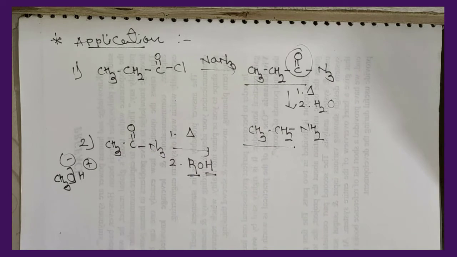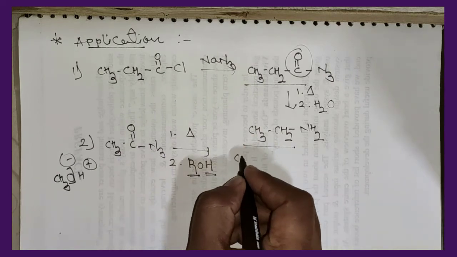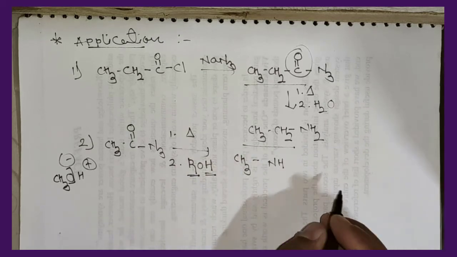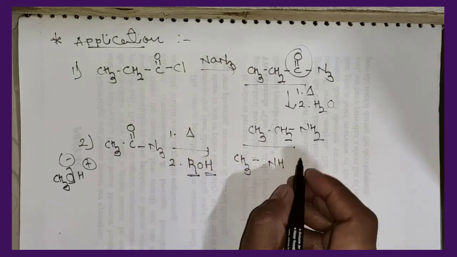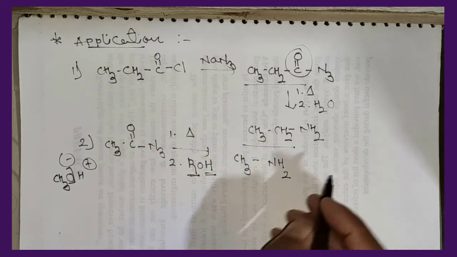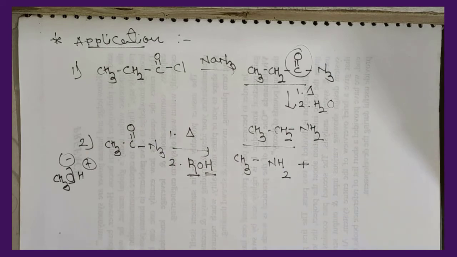So instead of amine, the final product is like this. Here NH2 is not formed, but this RO part is attached, giving the ester group.